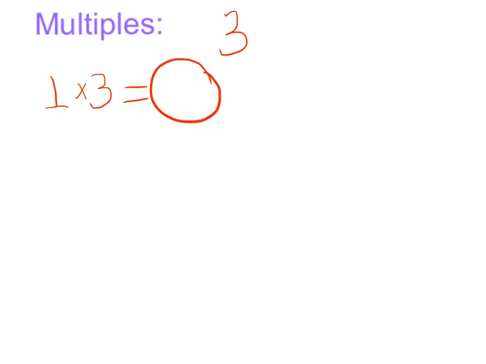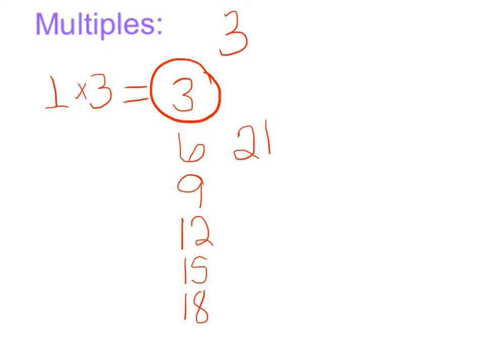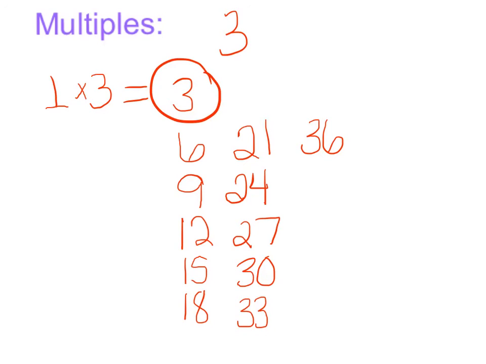I'm going to start with 3 times 1, and I'm just going to skip count. 3, 6, 9, 12, 15, 18, 21, 24, 27, 30, 33, 36. So anytime I want to skip count, that's finding my multiples, all the numbers that are a product of 3 or whatever my number is.